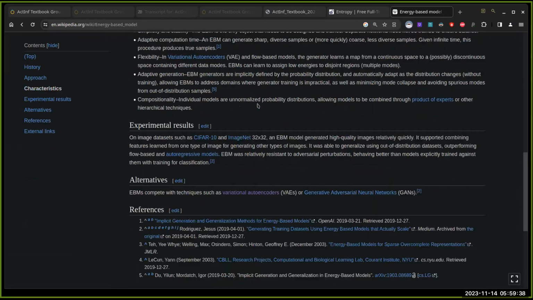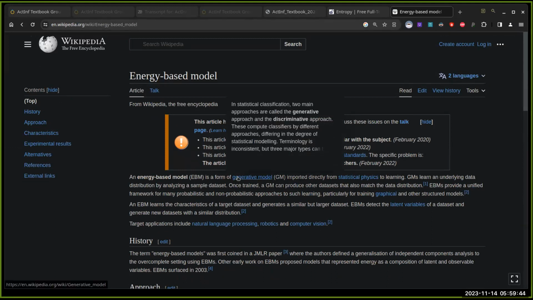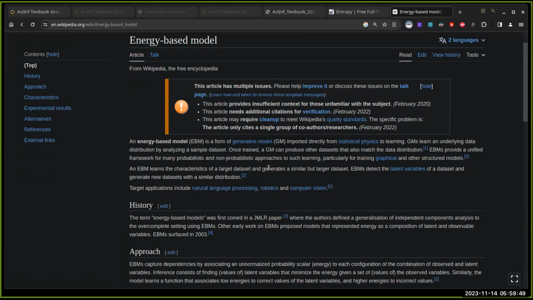This is a short page, but also a relevant one, energy-based models, which is funny because they even talk about generative models. So reproducing data distributions using these statistical physics-based methods.